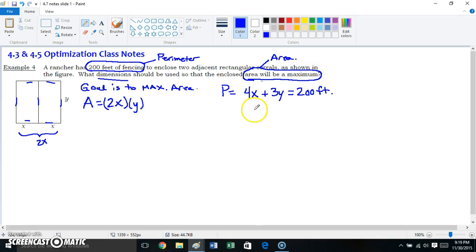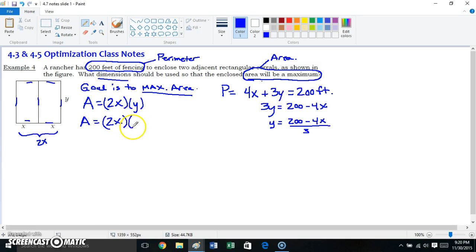In order to maximize area, we need to take the derivative of the area function, which means I would like the area function written in terms of only one variable. Let's take the perimeter equation and solve for y. So y will be 200 minus 4x divided by 3.